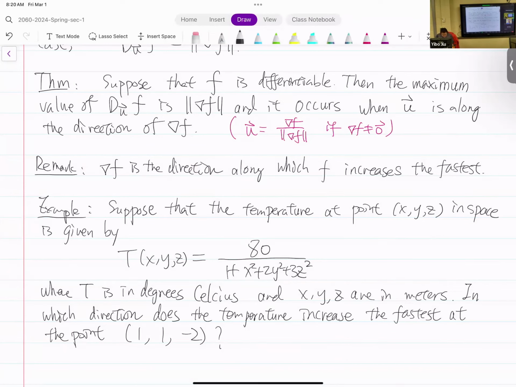And also we want to know what is the maximum rate of change. What is the max rate of change?